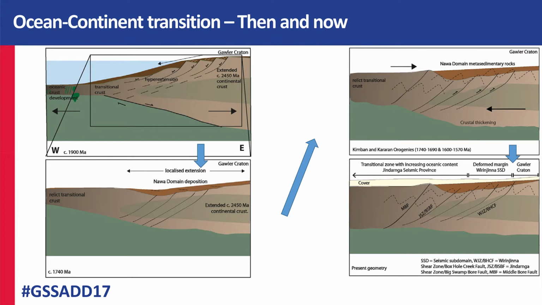And bottom right, effectively the geometries we see now. So outward dipping structures covered by metasedimentary rocks and sedimentary cover as well, obscuring what we see today. So to summarize, Gawler inboard, reworked margin dipping outboard, which is the contact with the Campana province.